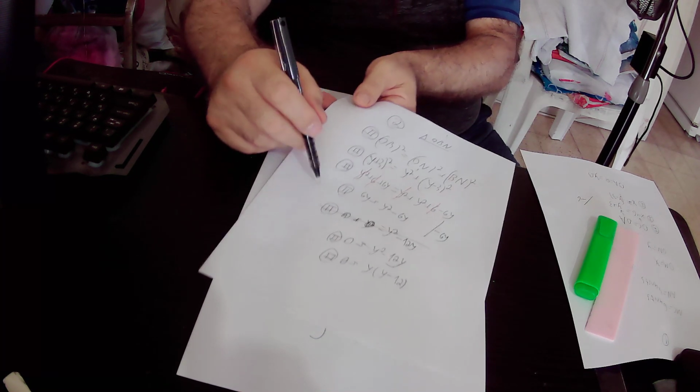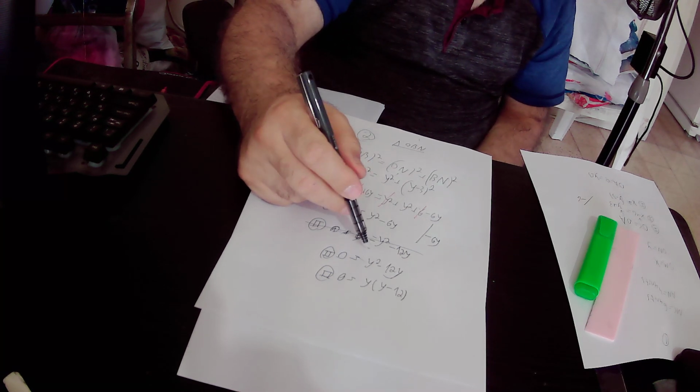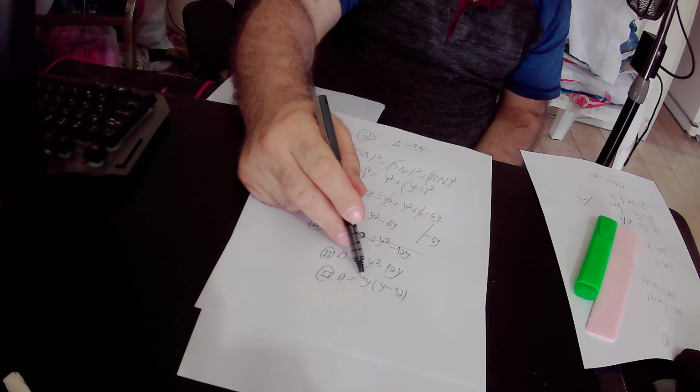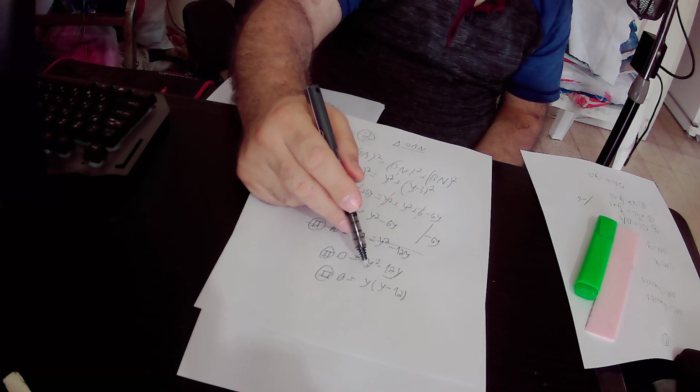So here we took a common factor y out of equation number 2, and we got that it is y times y minus 12.